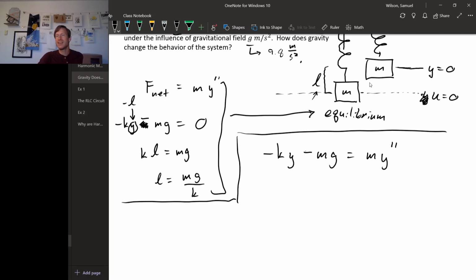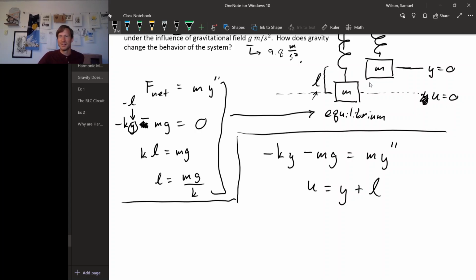You can see on this diagram that u is just like y, except it's lower. When u is 0, y is negative L. So that means u is y plus L.